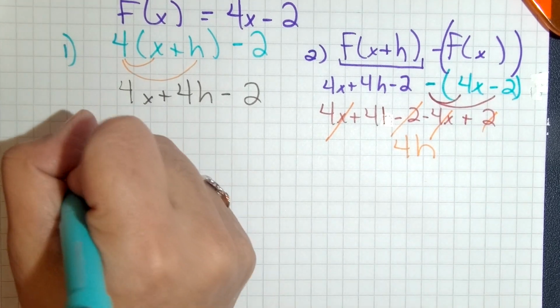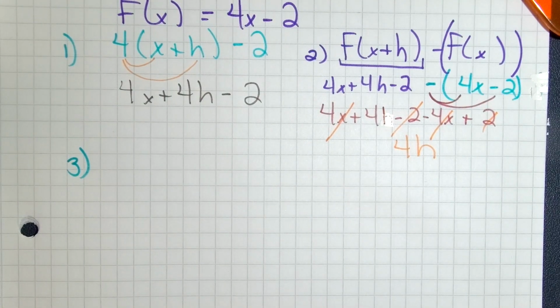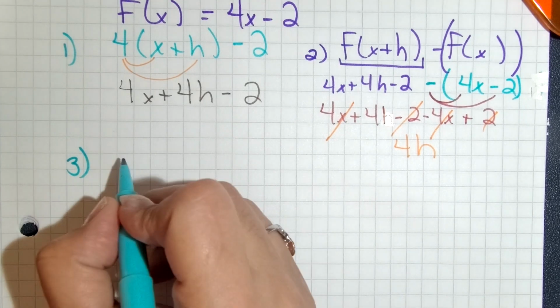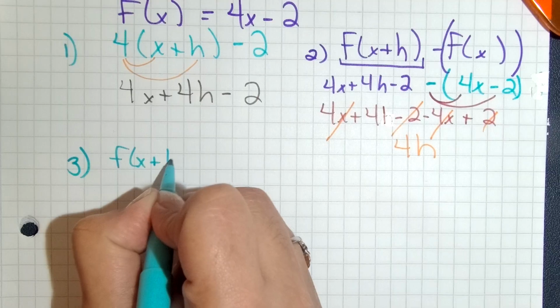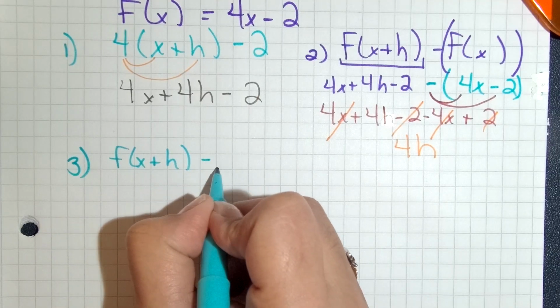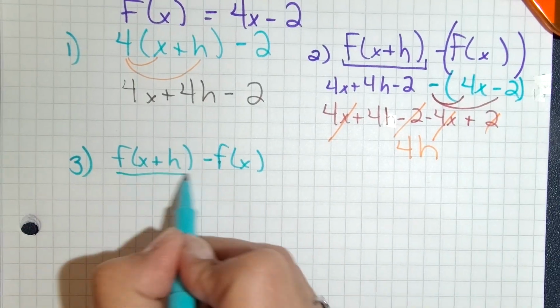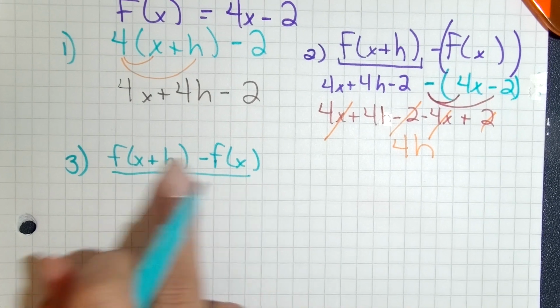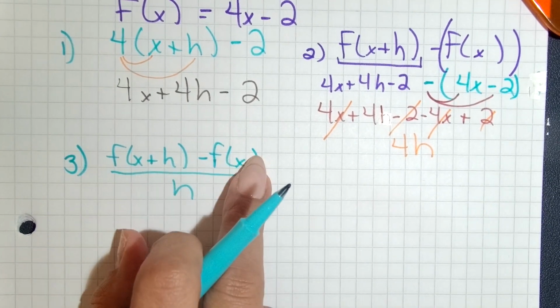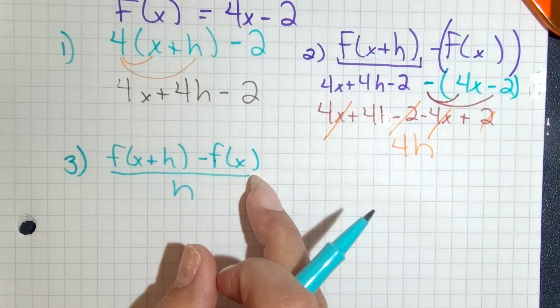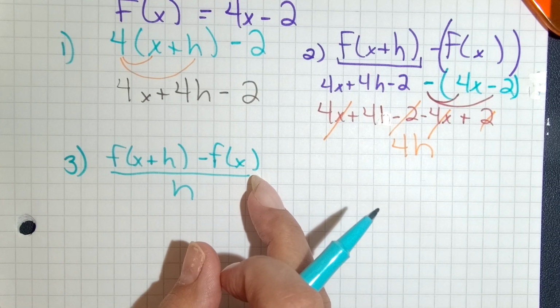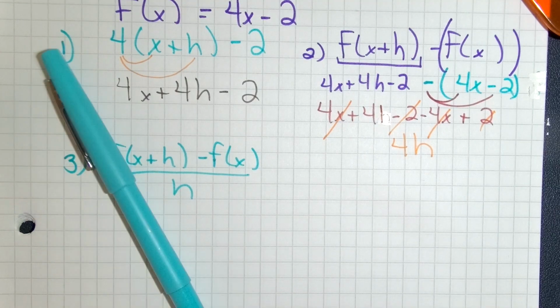Okay. Anyway, what does step 3 say? F of x plus h minus f of x divided by h. Good. What do we know this f of x plus h minus f of x is? Where do we get this from? Step 2.